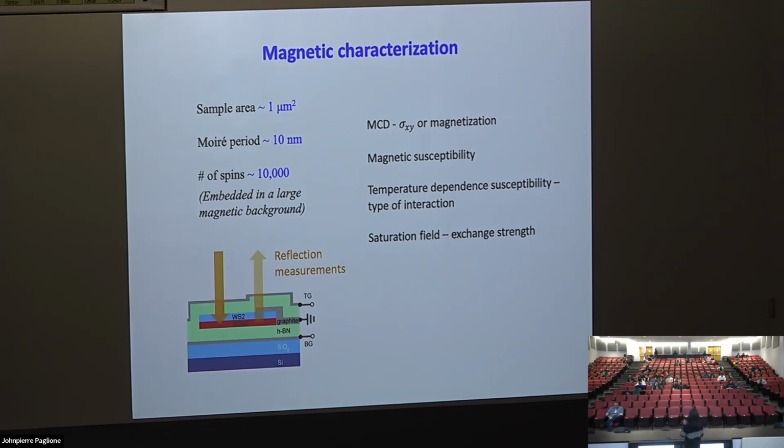We need some technique that can access those 10,000 moments, but they are not isolated. They are embedded in tons of other materials, which will give you a large magnetic background. This optical technique has this sensitivity and specificity, so you can probe each material individually.